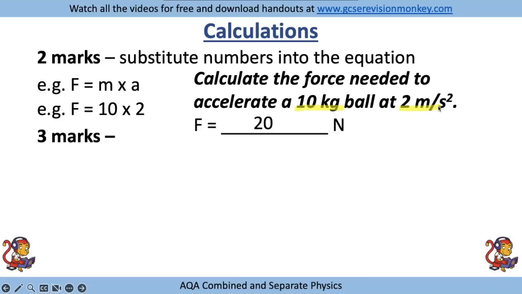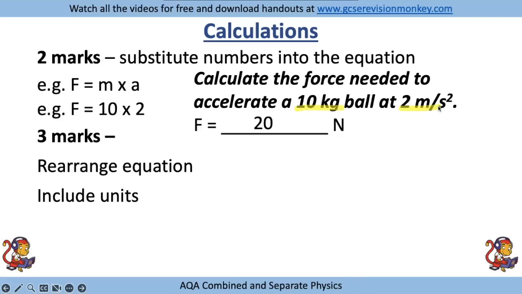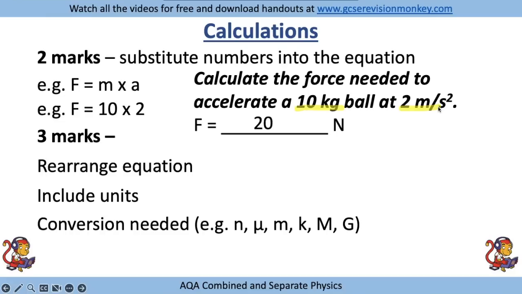If you see 3 marks, that will involve something else, such as rearranging the equation or including your units, or perhaps converting a number first of all if you see nano, micro, milli, kilo, mega or giga in front of it, or something like significant figures. Occasionally, for a 2 marker, you might have to rearrange as well, but normally they give you an extra mark for that, so look out for that in a 3 mark question.